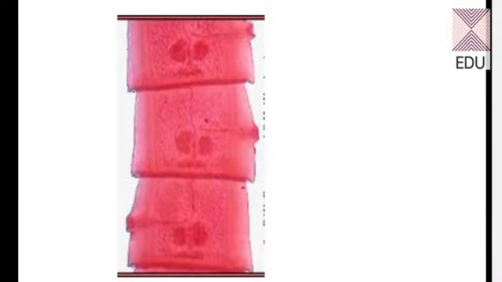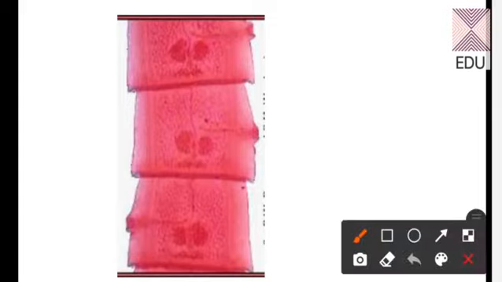This slide is showing you 3 mature proglottids. If you see these proglottids carefully, you can see the presence of the bilobed ovary, these are the 2 lobes of the ovary, and the vitelline gland.